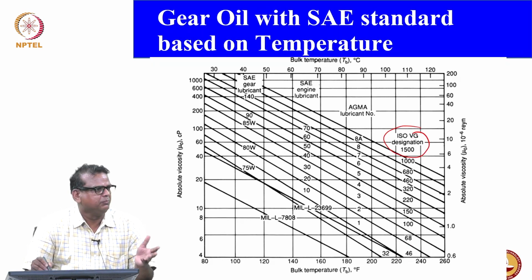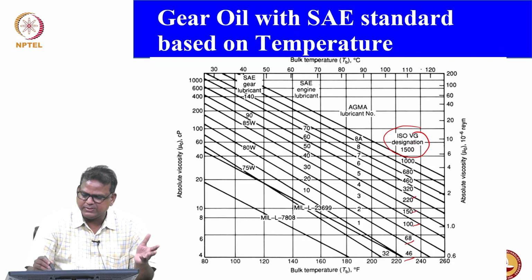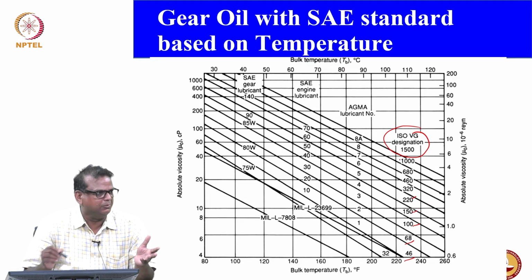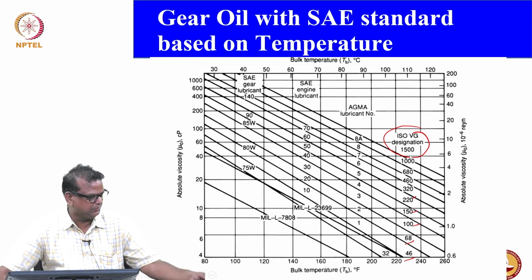VG means viscosity grade. We start from 46, 68, 100, 150, 200, and so on. Depending on the operating temperature, the bulk temperature, you have to select the lubricant. I think I will stop now. We will continue next class. Thank you.